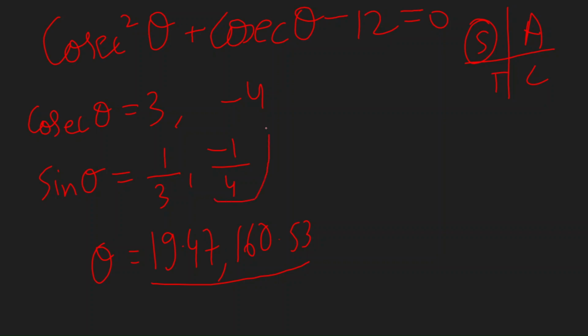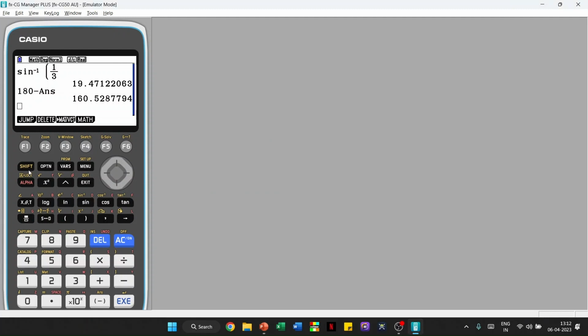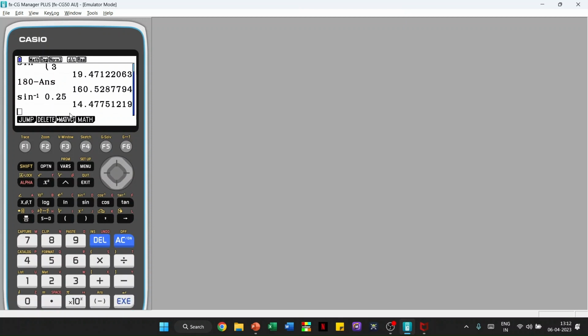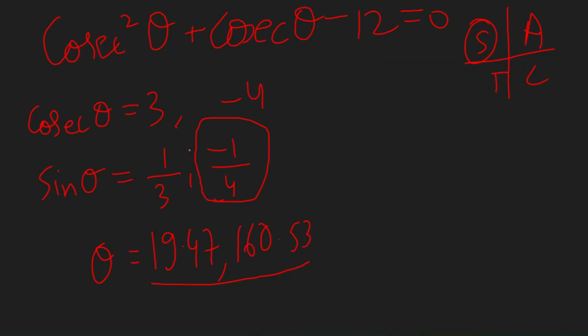The next one you're going to have to use minus 1 by 4. So sine inverse of 1 by 4 is going to be what? Positive value, obviously. So you're going to have 14.48. So you're going to write x is equal to 14.48. All right. Now it's negative, so it's going to be in this one and this one.